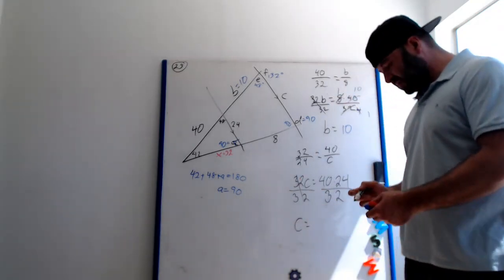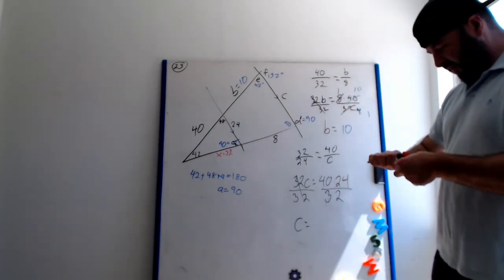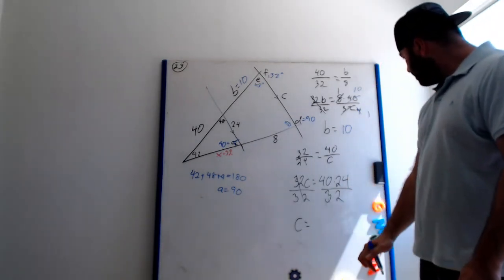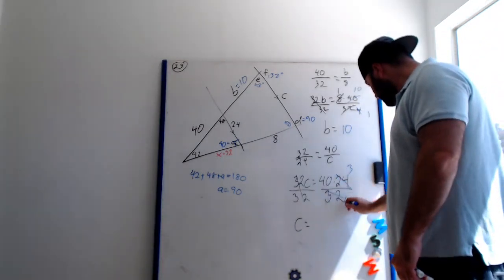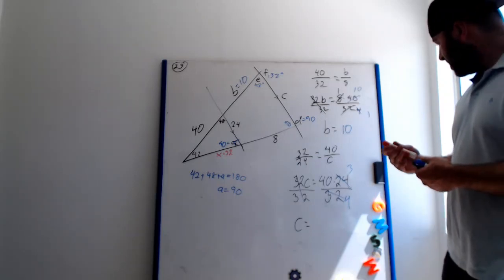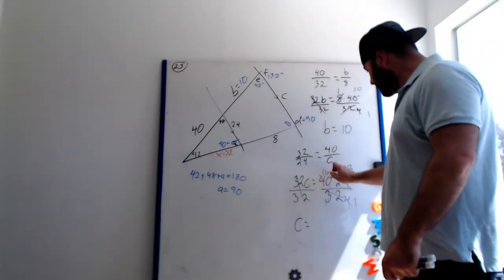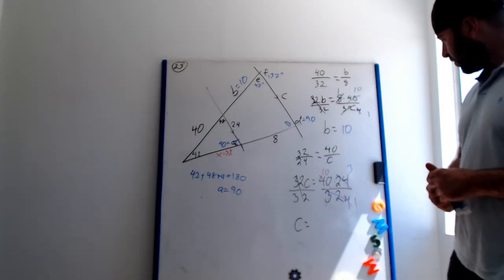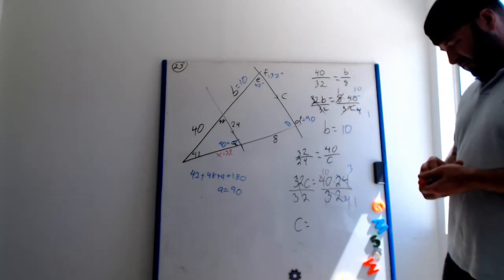C is equal to, let's cancel some of this, 24 and 32 both have a 8, 3 times, 4 times, and then focusing on 4 and 40, both have a 4 once, 10 times. Okay? So we end up with C being 10 times 3, or C is 30.